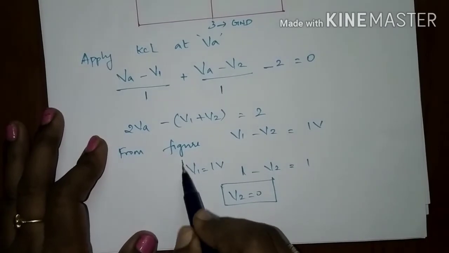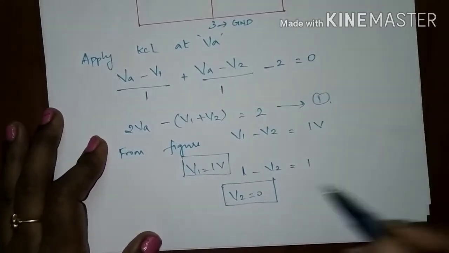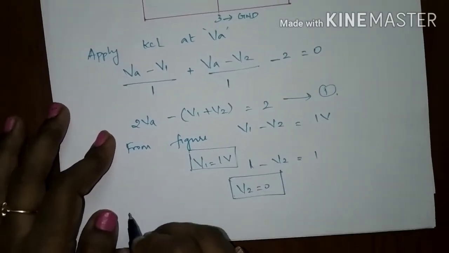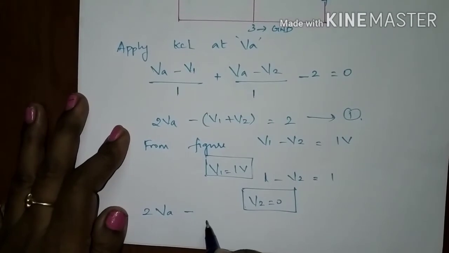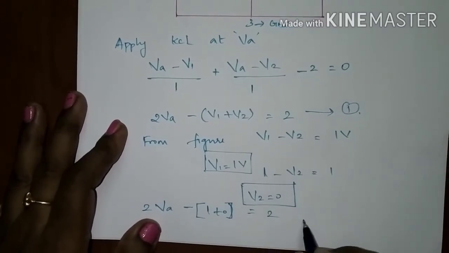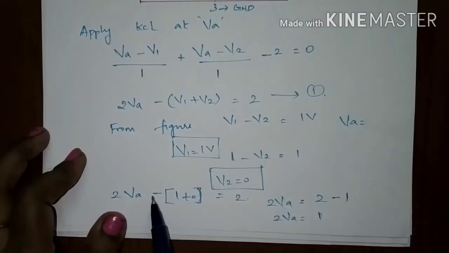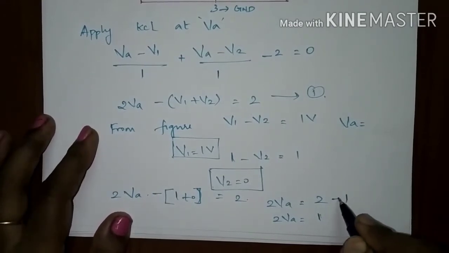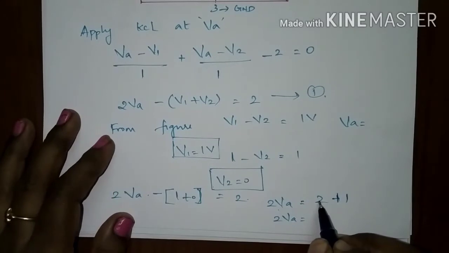Now, you substitute V1 is equal to 1 and V2 is equal to 0 in this main equation. So, 2 VA minus of V1 value is 1 and V2 is 0 is equal to 2. So, 2 VA is equal to 2 plus 1.